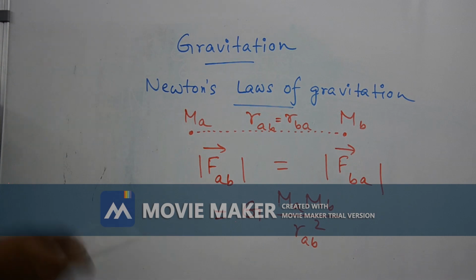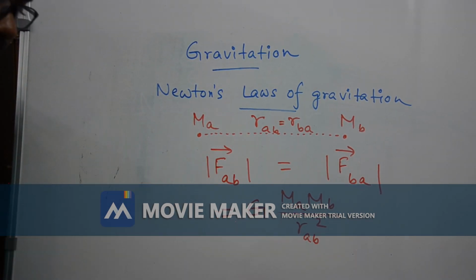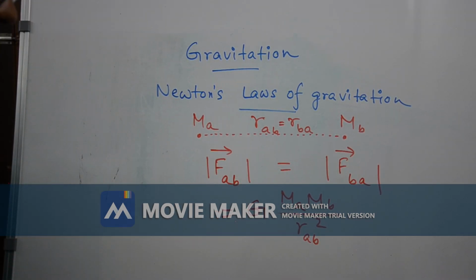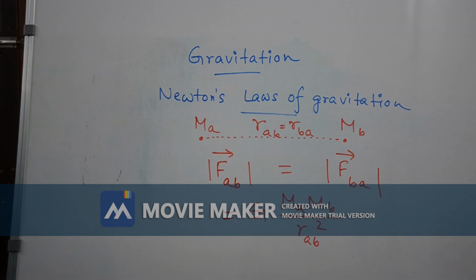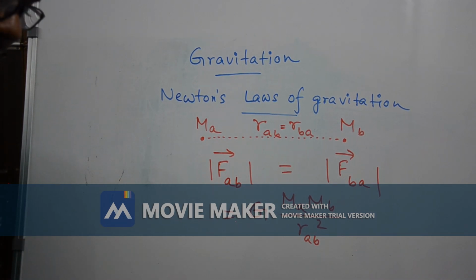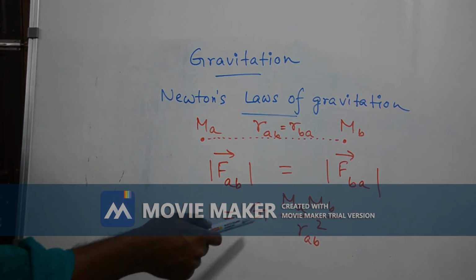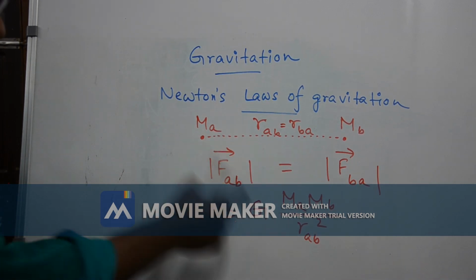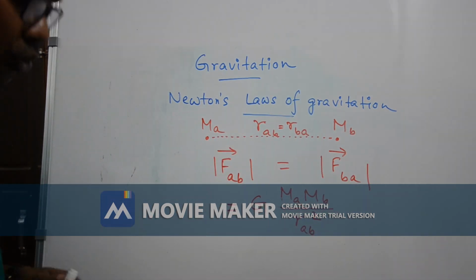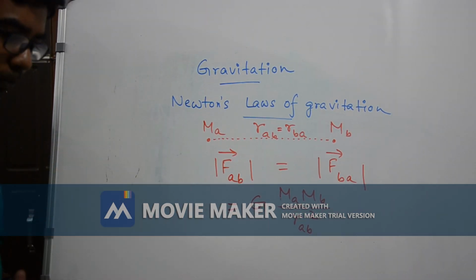We all know that it's a universal constant. It's known as the gravitational constant, universal gravitational constant, or even the Newtonian constant after Sir Isaac Newton, and it basically gives us the idea of how strong the force of attraction is between these two masses.